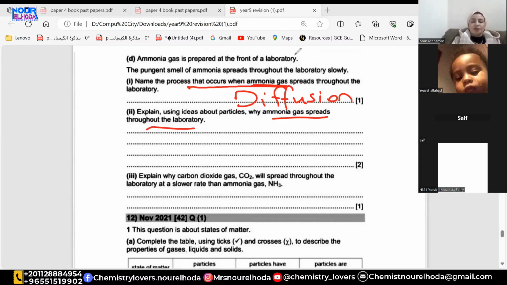This is number one. And number two, I'm going to say because the particles are moving in random directions. So why will carbon dioxide spread throughout the lab at a slower rate than the ammonia? Because we said carbon dioxide is heavier. So it will move slower.